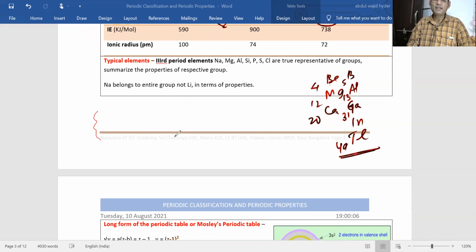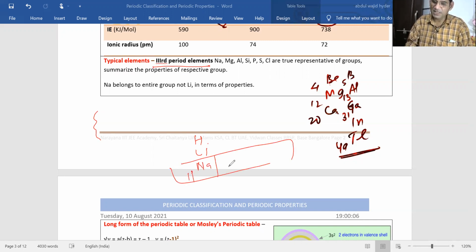Third period elements: sodium 11, magnesium 12, aluminium 13, silicon 14, phosphorus 15, sulfur 16, chlorine 17. All these are third period elements. They summarize the properties of their respective groups. That is why these elements are called typical elements. Na belongs to the entire group, not lithium, in terms of properties. Fine.